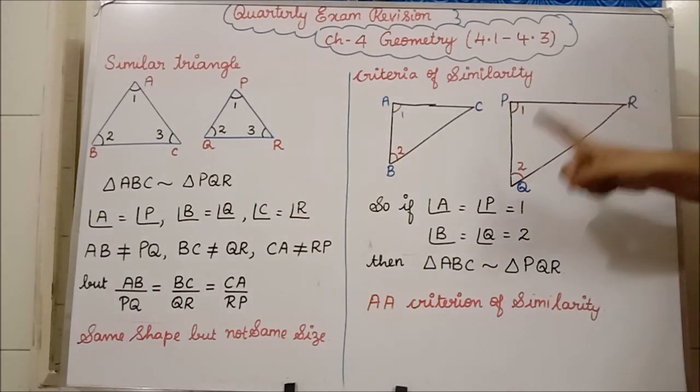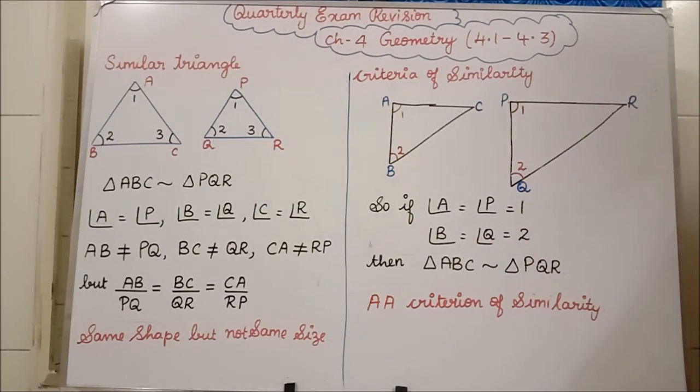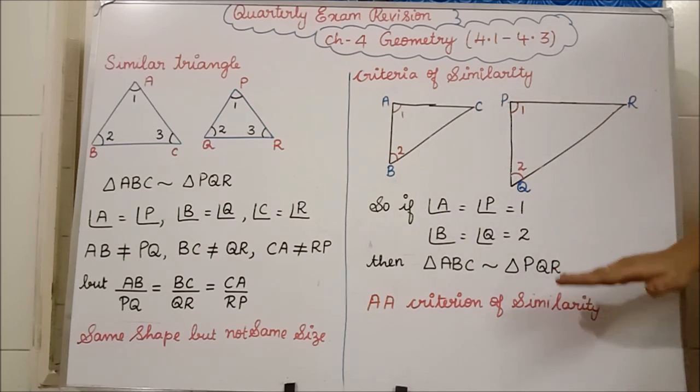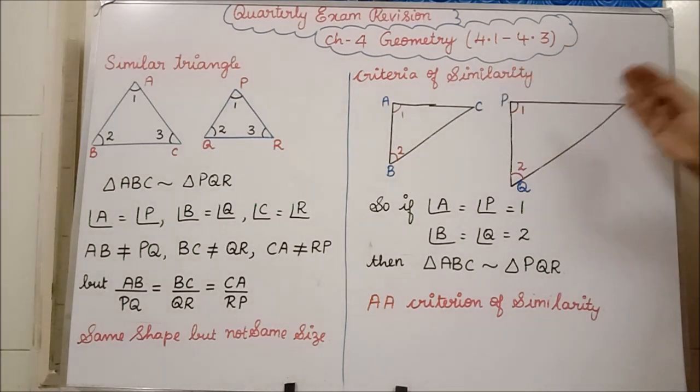Clear? If the two triangles are similar, the corresponding sides are proportional. Like that you have to write. Students, don't think that they will give you the question in this format in your exercise. You have to understand the question and draw two triangles. From the two triangles, you have to see which angle is common and which side is same.